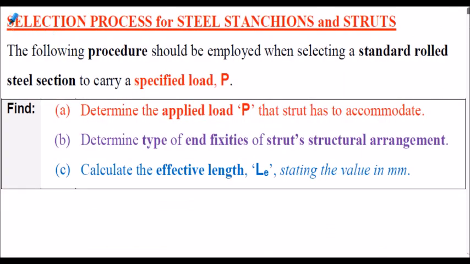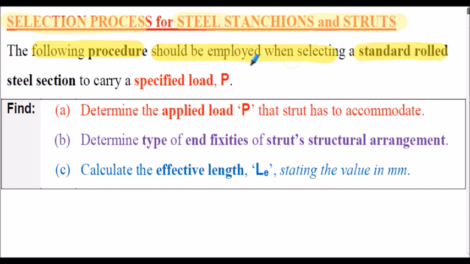Let's now consider the entire selection process for calculating steel stanchions and struts. So the following procedure should be employed when selecting a standard rolled steel section to withstand a specified load designated as P here.